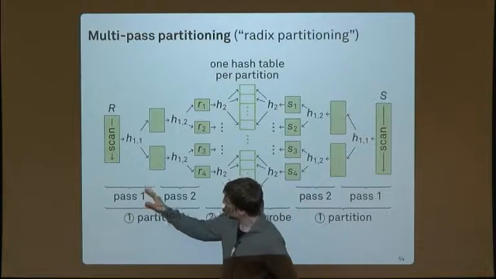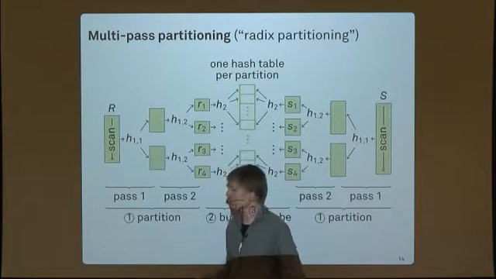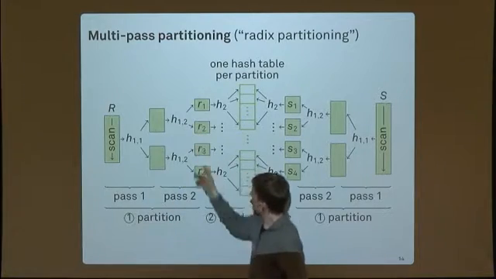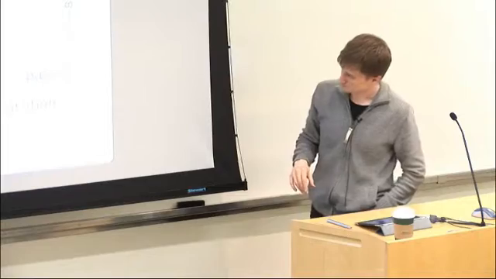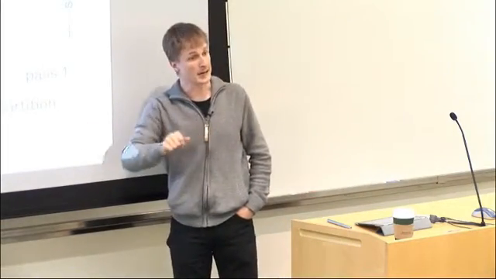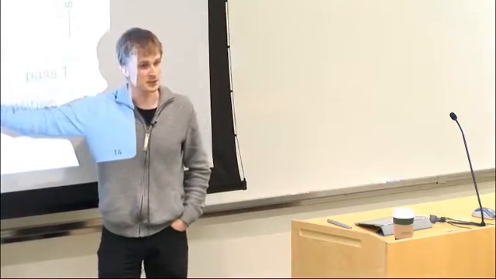This way, you never exceed your maximum number of partitions per pass, and still end up with as many partitions as you want in the end. And that's where the log n factor gets into hash join, right? Because now you have to partition in multiple passes, and the number of passes is logarithmic in the amount of data that you have.